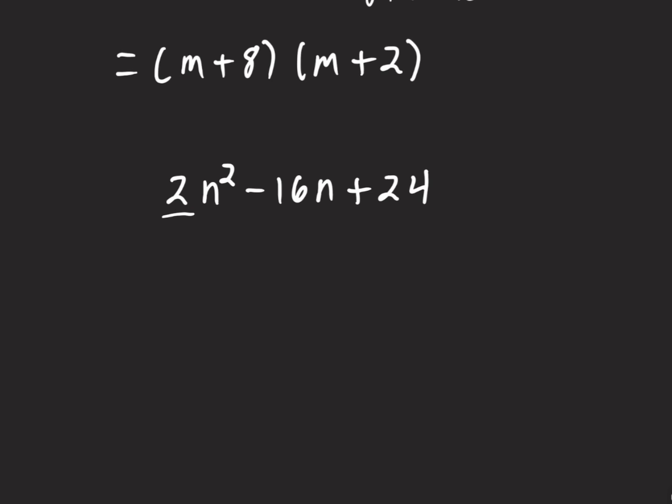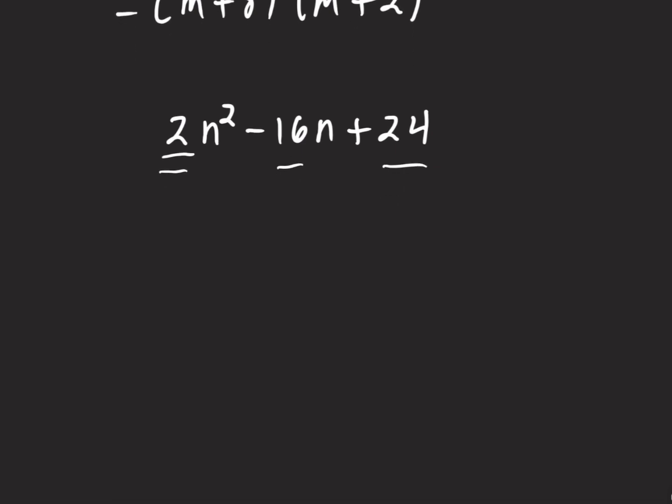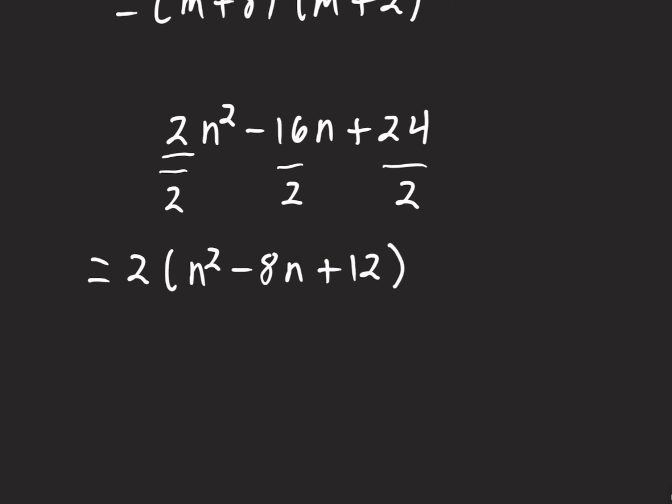But if we notice, all of our coefficients, a, b, and c, can be factored by the number 2, or can be divided by 2. Meaning, if we divide each of these by 2, and we factor that out, we will get 2 bracket n squared minus 8n plus 12.